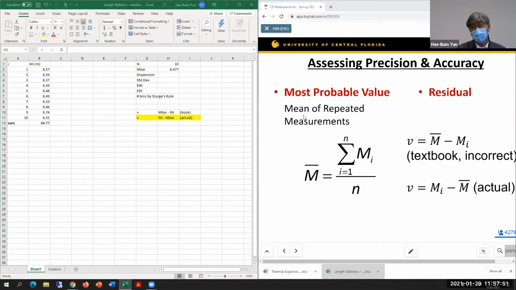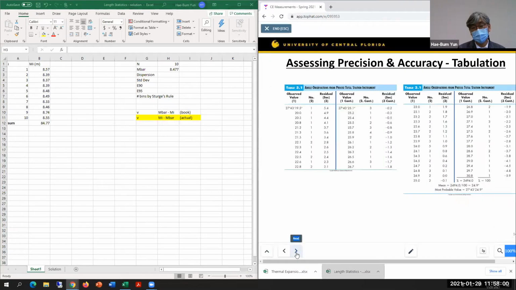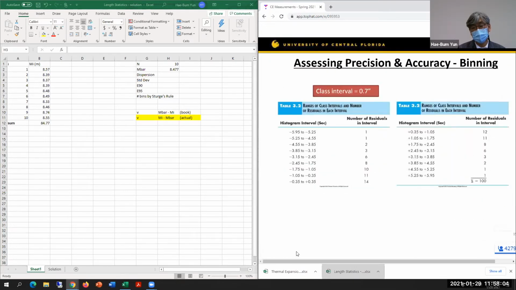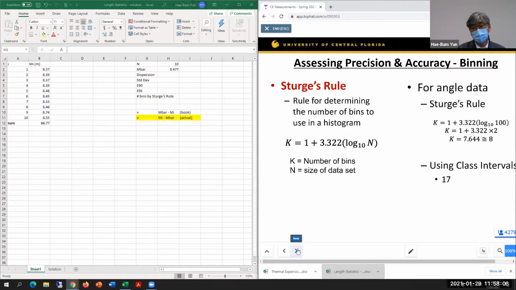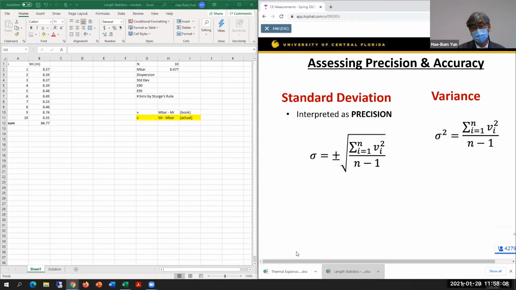And now we have the standard deviation, right? For the standard deviation, we need what? Vi. What is Vi?